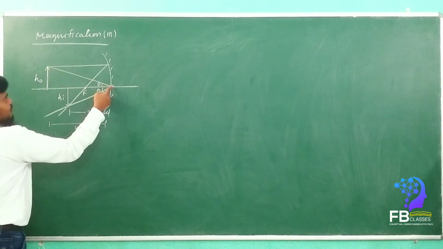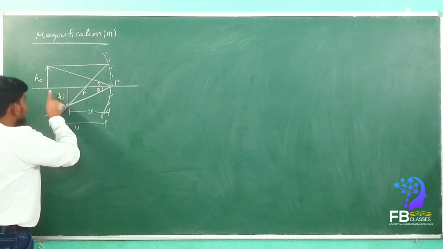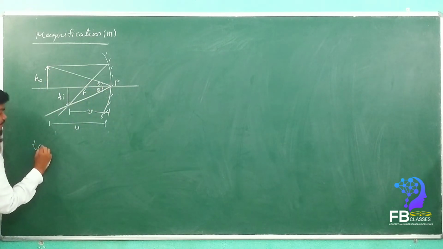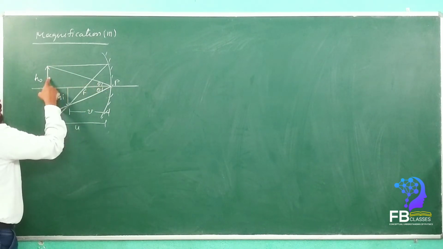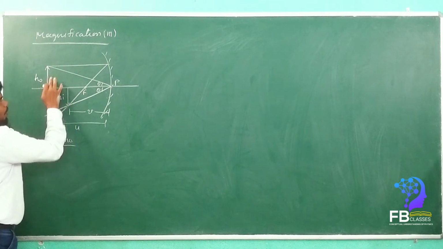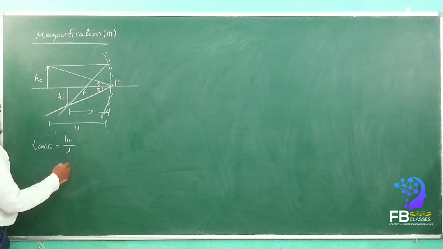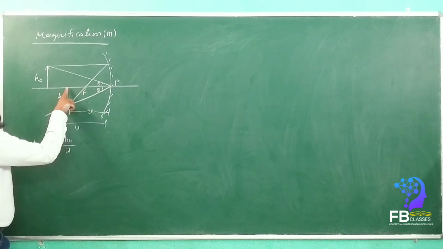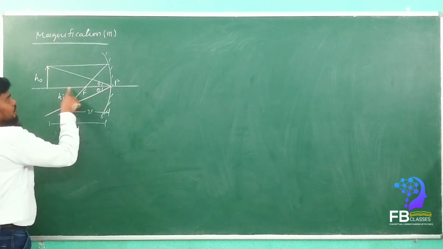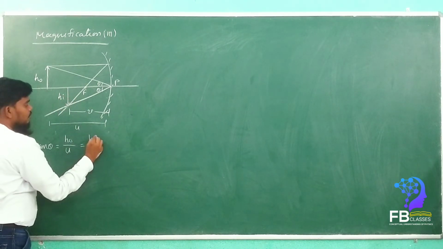Now from this triangle, see here, this and this triangle. Tan theta is equal to how much, my dears? Tan theta is equal to opposite upon adjacent. Opposite is H naught, and adjacent is U. In a similar manner, for the other triangle, tan theta is equal to opposite upon adjacent.